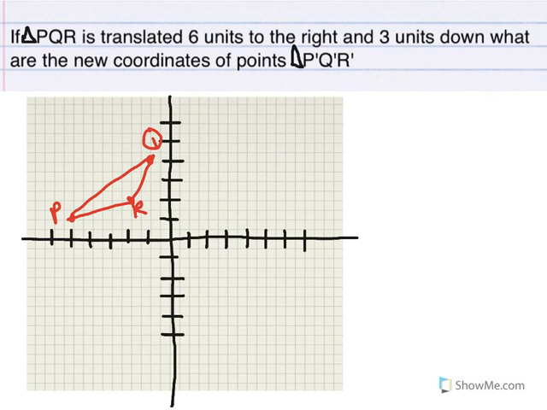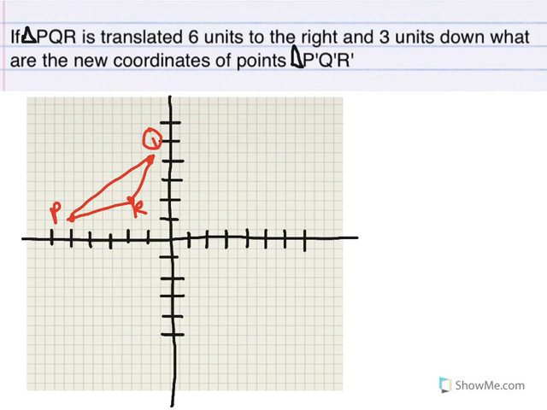Okay, if triangle PQR is translated 6 units to the right and 3 units down, what are the new coordinates of points PQR prime? Alright, there are a few different ways I can do this. First, I can just draw an arrow and count over from each point. I'm going to start with Q, just because it's on top.